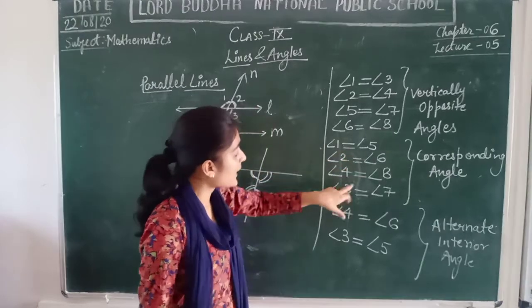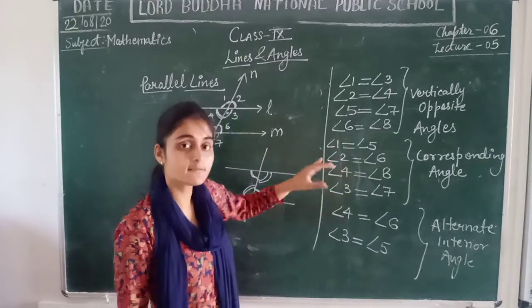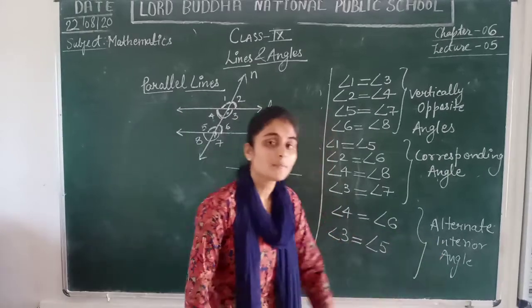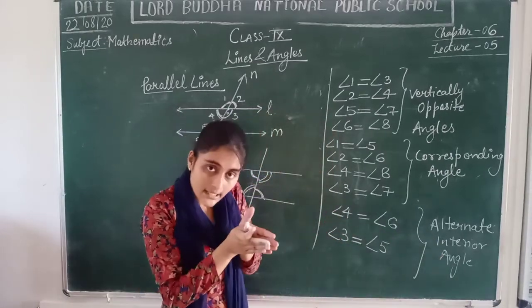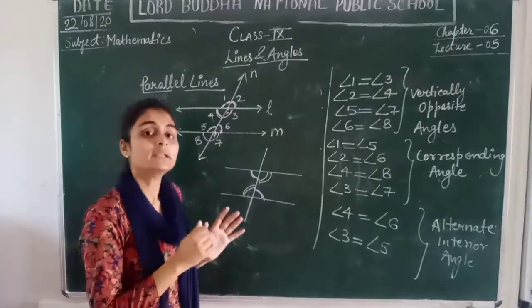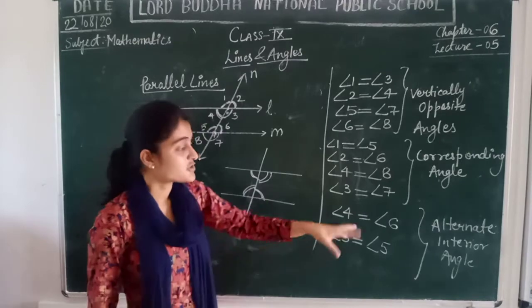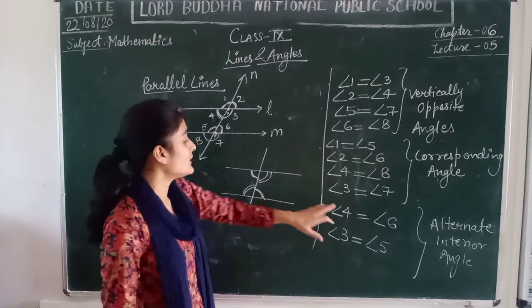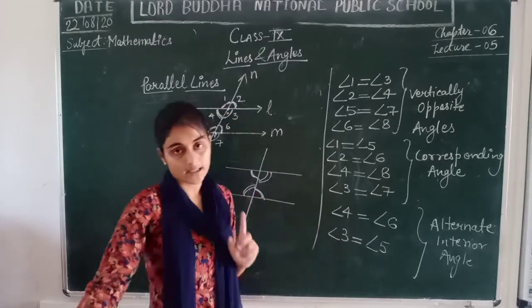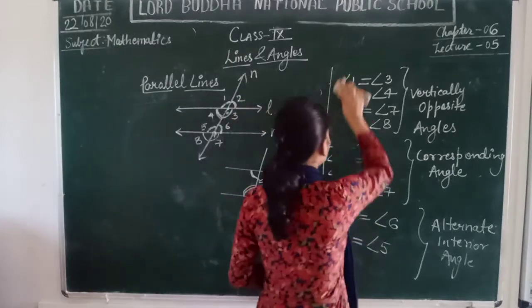So there are 4 pairs of angles which are corresponding angles. Next one is alternate interior angles. Interior means which are formed inside. So between L and M, 4 angles are formed. They all are interior angles. And if their position is alternate, then they are called alternate interior angles. And you have 2 pairs of alternate interior angles. Now moving forward.